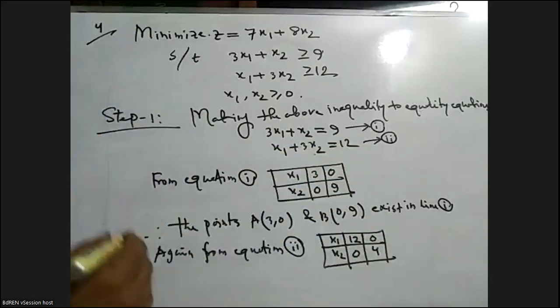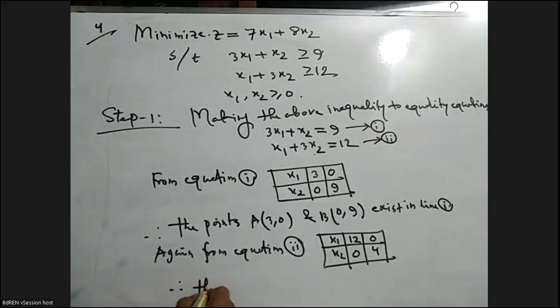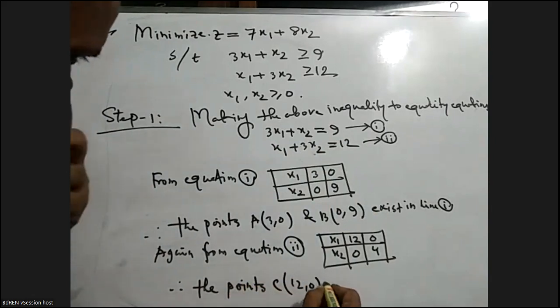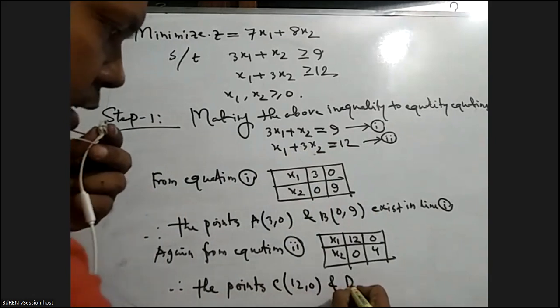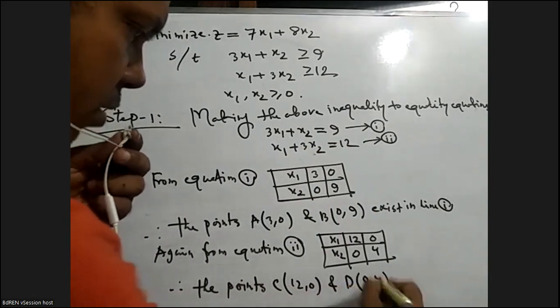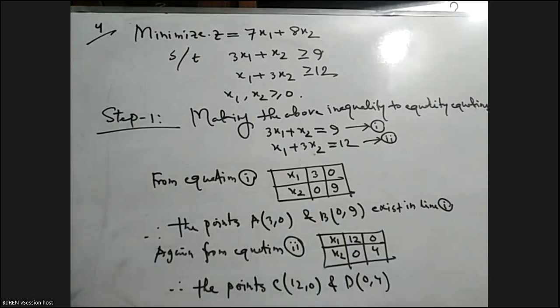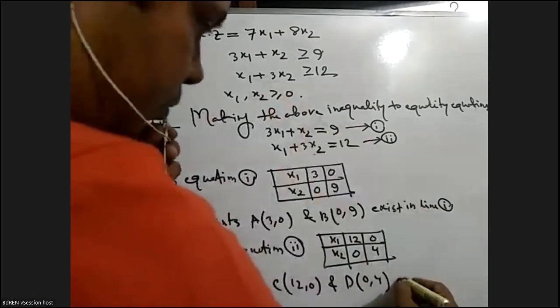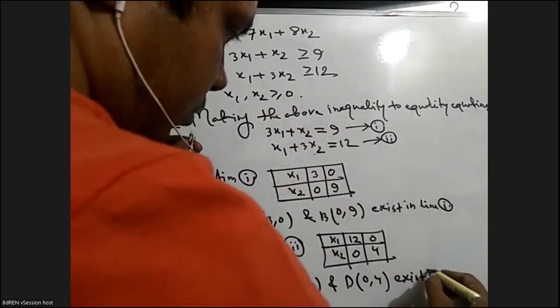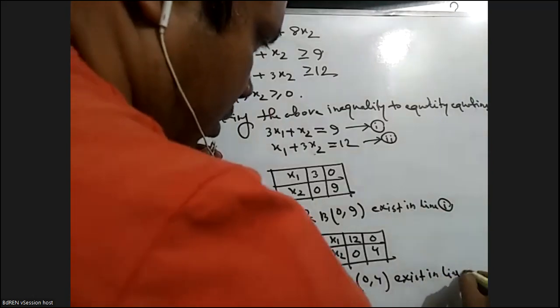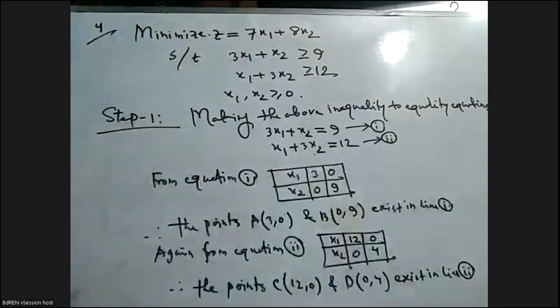Okay, so therefore the other 2 points, C point will be (12, 0) and D point will be (0, 4), that exist in line 2.